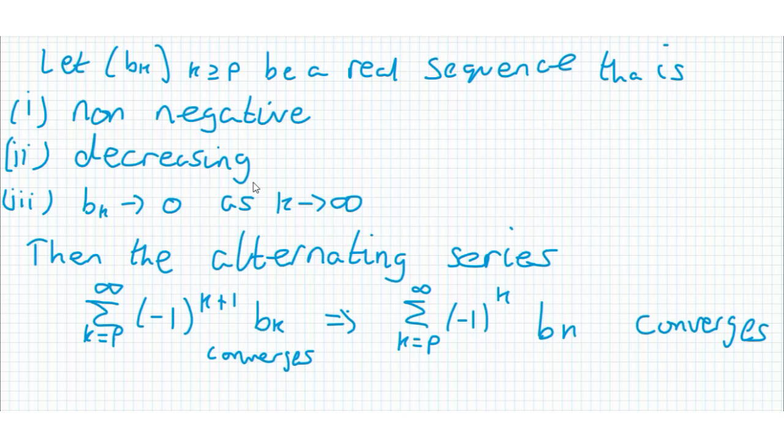And because we're decreasing, we're less than or equal to, the values we're adding and subtracting are never greater than the previous value. And bk having to tend to 0 means we're not getting a sequence which would technically be decreasing where all the terms are equal to each other, which wouldn't converge. We must have some occasions where we're getting smaller and smaller and smaller.